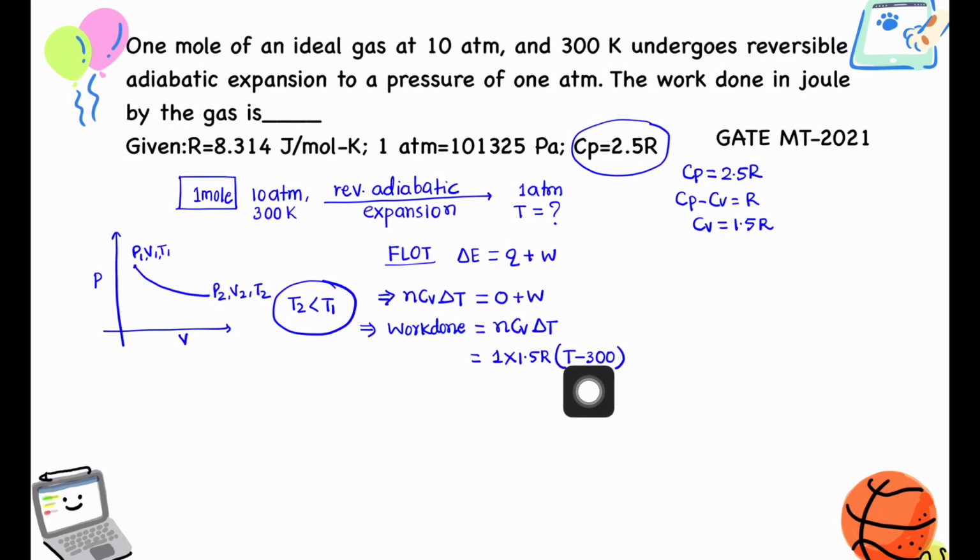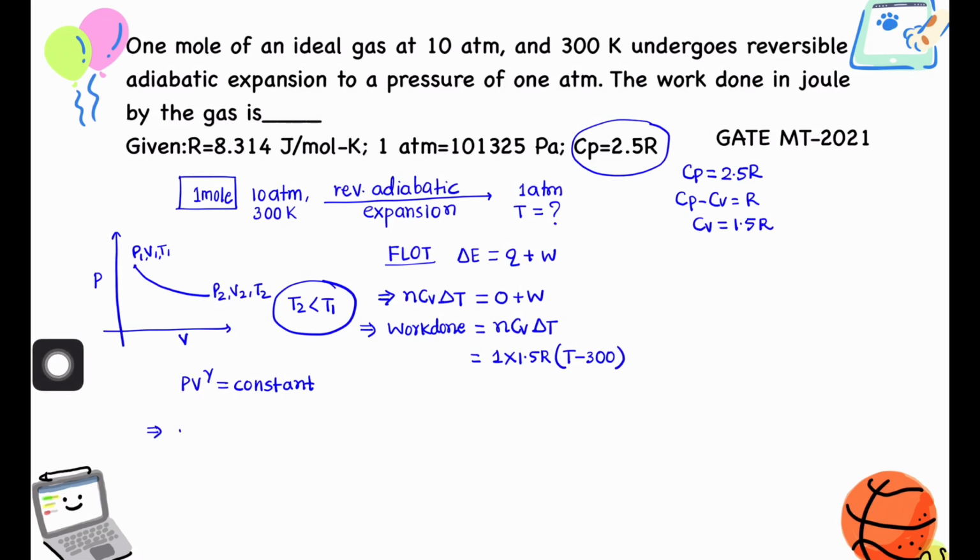Now, this is the temperature in Kelvin. How to find the final temperature? We must know that for adiabatic we have PV to the gamma equal to constant. This is for the adiabatic process. Pressure is given, but volume is not given. What is given? Temperature. So we must convert this into pressure and temperature.